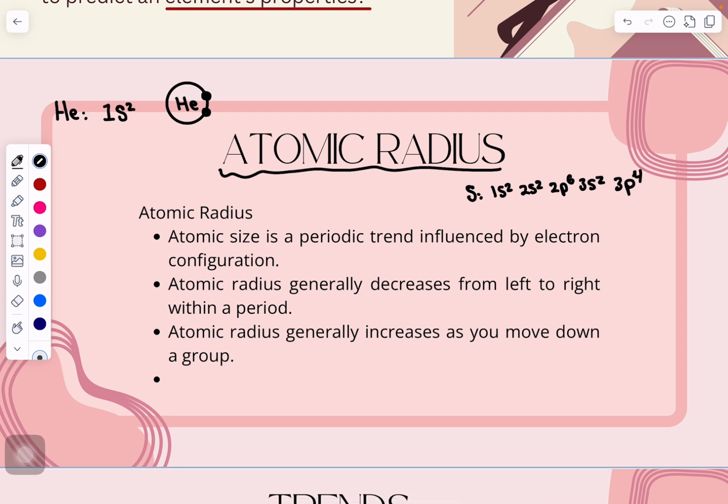All right, and so sulfur is going to be much bigger than helium because it has 3 orbitals instead of just 1. See that? Sulfur is much bigger than helium. 1, 2, 3, 4, 5, 6, 7, 8 electrons, 2 here, and then 1, 2, 3, 4, 5, 6 out here.